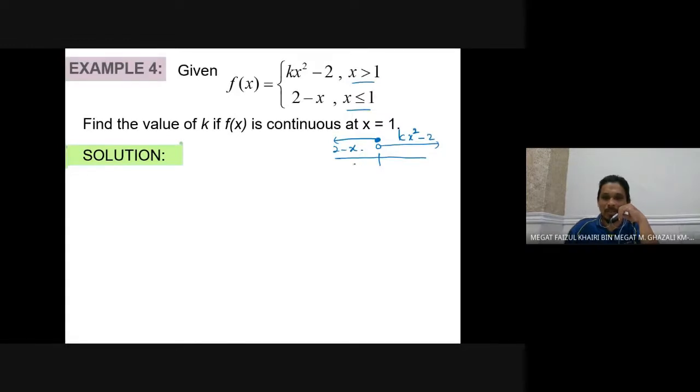Now the condition for the function to be continuous at x equal to 1, we must make sure that the limit of x approaching 1 from the left equals the limit of x approaching 1 from the right.